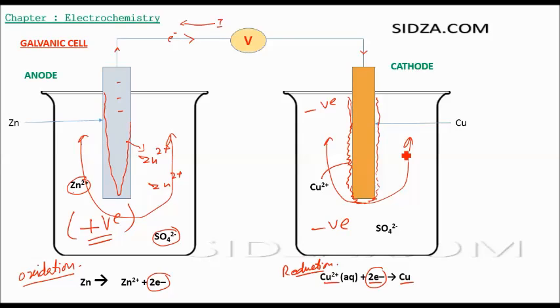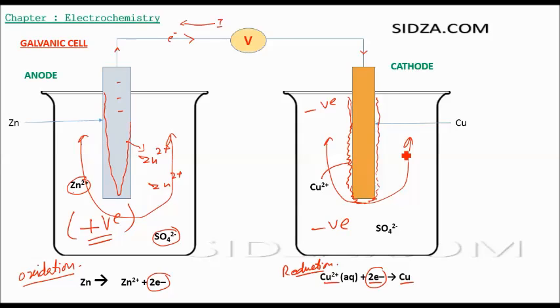Okay, so for this cell to produce a current for a longer period of time, we need to develop a mechanism so that the two solutions are kept neutral, okay?